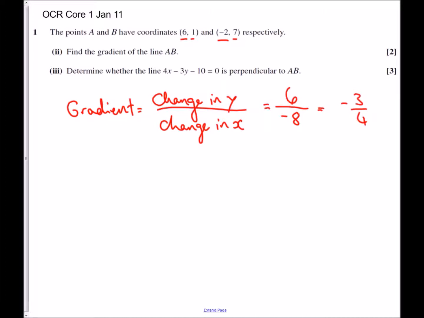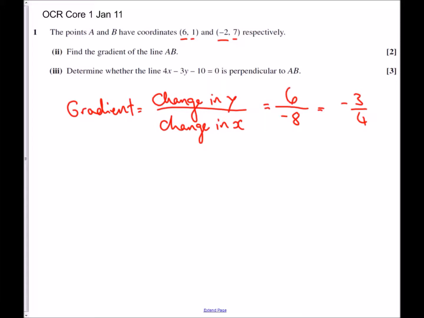Determine whether the line 4x minus 3y minus 10 equals 0 is perpendicular to AB. So again, we're looking at perpendicular. So that's a key word to make us think gradient. There are 3 ways that we can find our gradient. We could do rearranging the equation of a line into the form y equals mx plus c, using change in y over change in x, or differentiation.